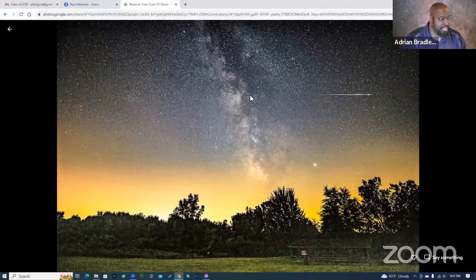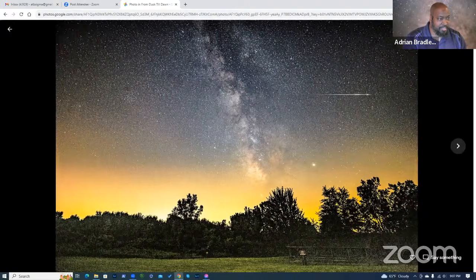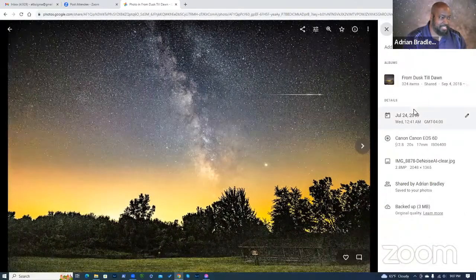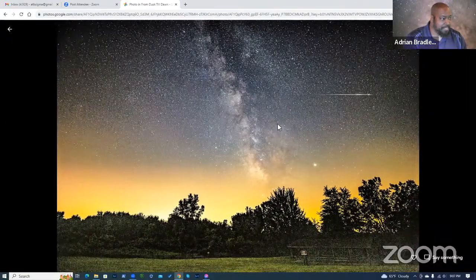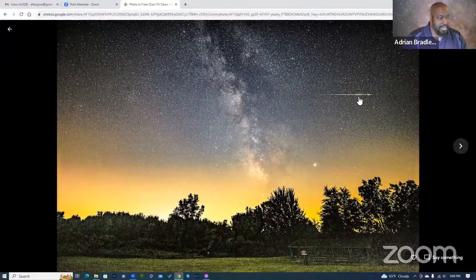Here's a Perseid that I shot some years ago. I think it's 2018. If I go to it, it's 2019. Okay. In 2019, learning Milky Way photography, having an older camera, I caught this Perseid. To this day, it's probably the brightest meteor that I've caught.